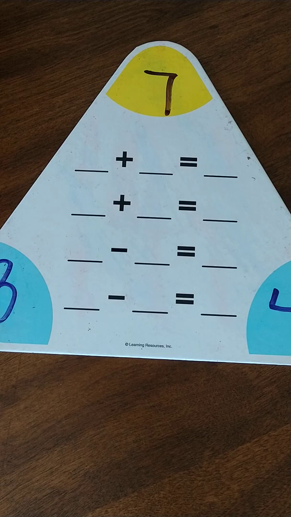And I put 7 in the yellow spot because 7 is the biggest number. So knowing 7 is the biggest number, we have things we know we could do. So I'm going to give you a moment to do that. Make sure you write all 4 number sentences.